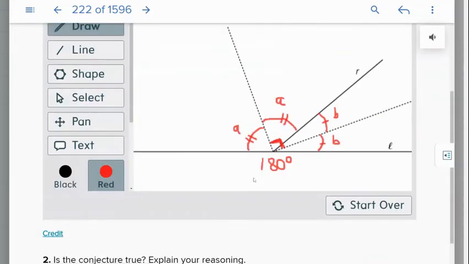So this would work with the idea the line L is adding up to 180 degrees, and because of these angle bisectors, you have these two different angles. So that's basically the explanation there. He's correct, he could have probably worded it a little bit better.